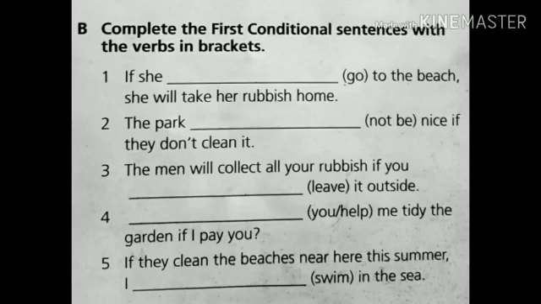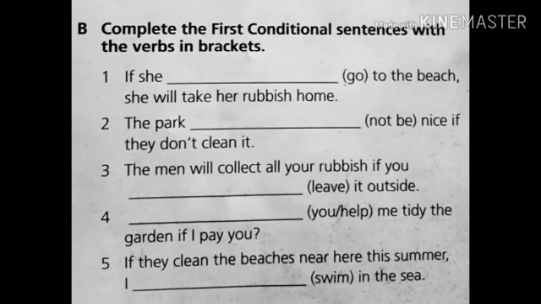The man will collect all your rubbish if you leave it outside. The man will collect all your rubbish, this is the result clause. If you, this is the if clause. After if, we use present simple. If you leave it outside. The man will collect all your rubbish if you leave it outside.